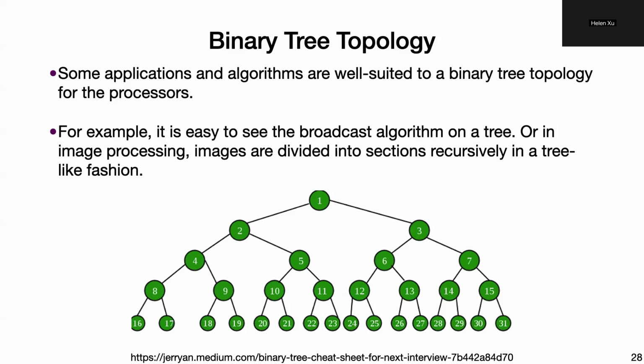For example, in image processing, you can do parallel processing by cutting up the image into quadrants and doing subcomputation on the quadrants. In that case, it's not a binary tree, but a four-ary tree.